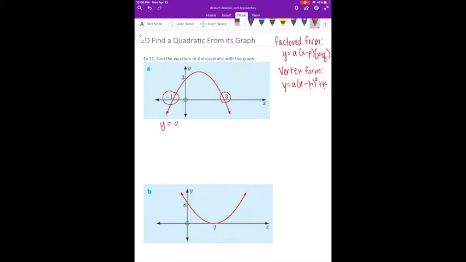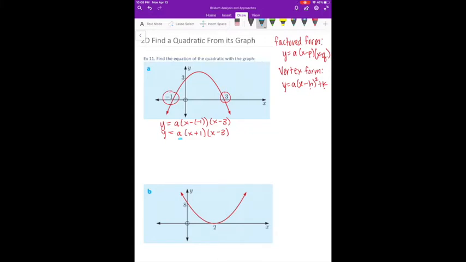I'm going to plug those in. y equals a times x minus negative 1 times x minus 3. So it's going to be y equals a times x plus 1, that double negative, times x minus 3. That's great, except we also need to know what a is.